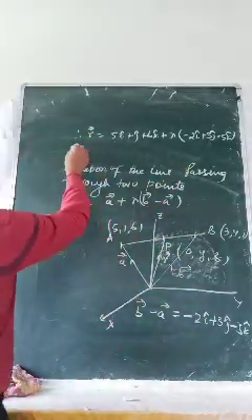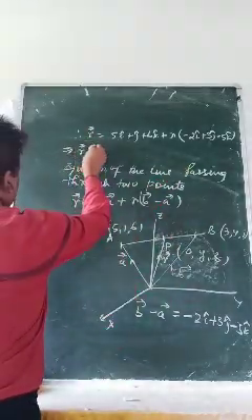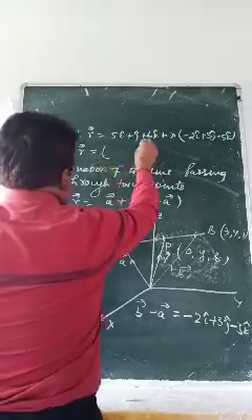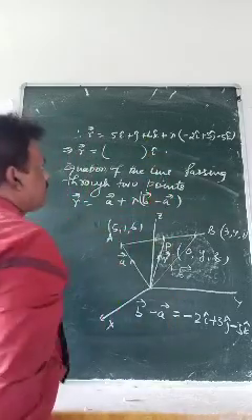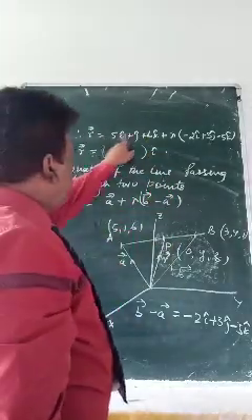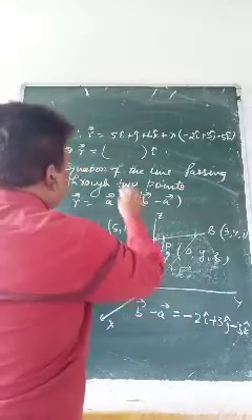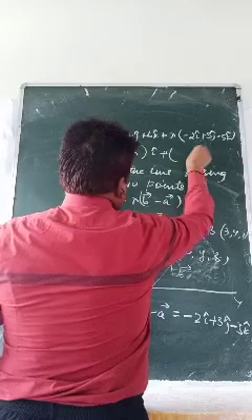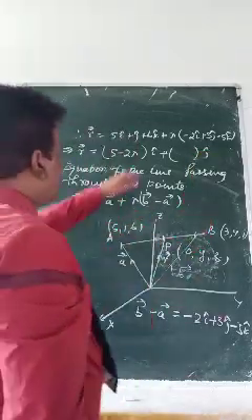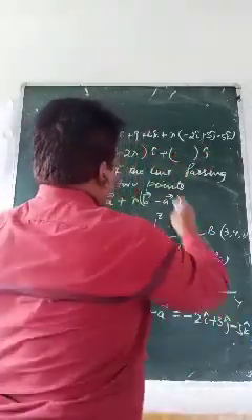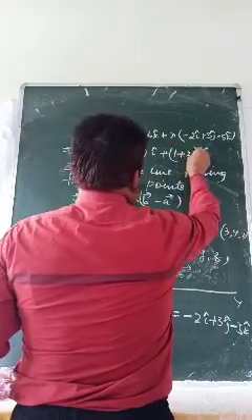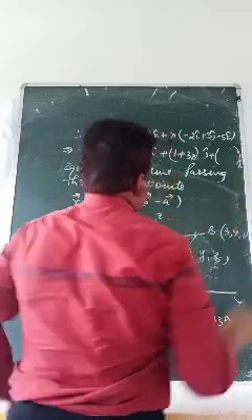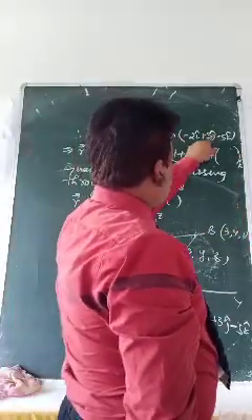If you simplify it, taking i common, what will you get? R equals (5 minus 2 lambda)i plus j common, (1 plus 3 lambda)j, plus k common, (6 minus 5 lambda)k.